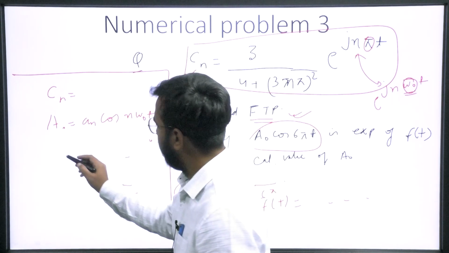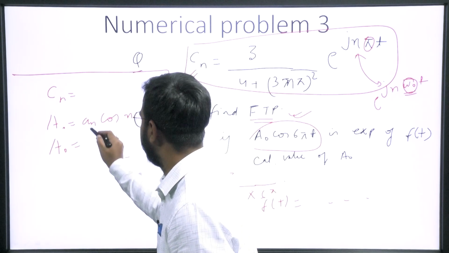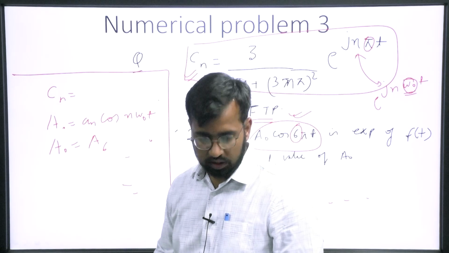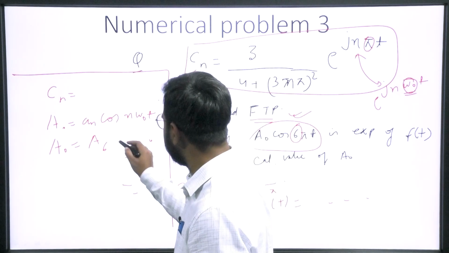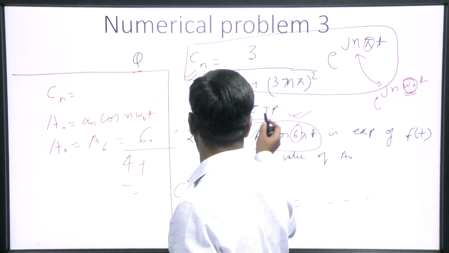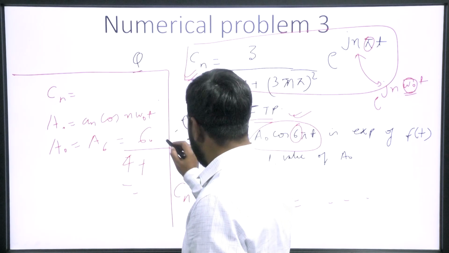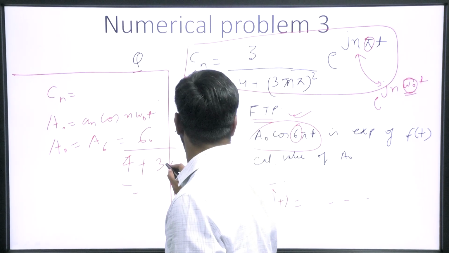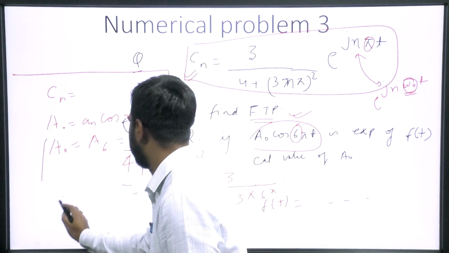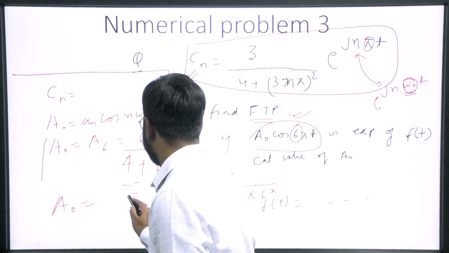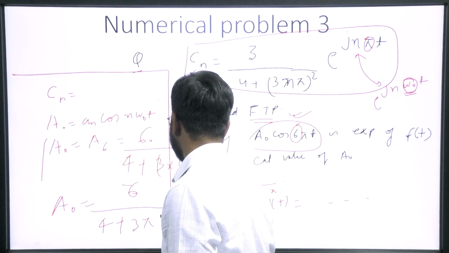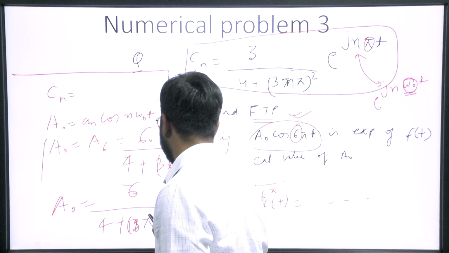So a naught is a6, because here the function has n equal to 6. Keeping n equal to 6, we get a naught equal to a6 equal to 6 upon 4 plus 3 into 6 into pi square. So a naught is equal to 6 upon 4 plus 18 pi square.